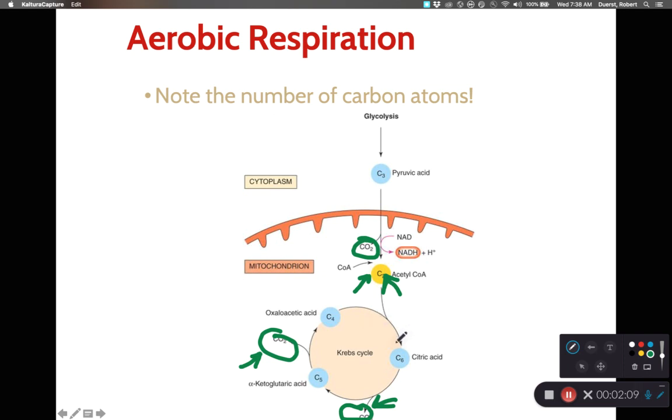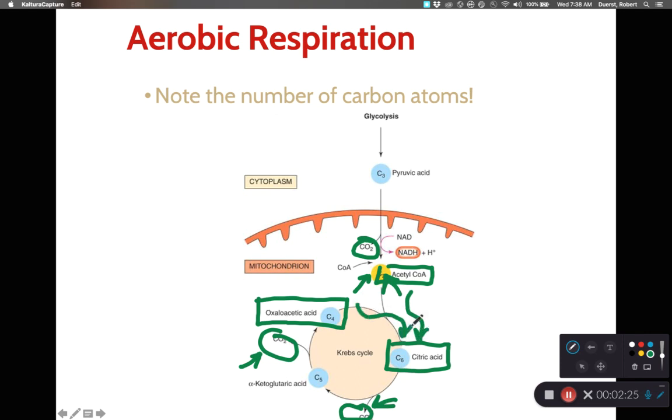It's worth emphasizing that the citric acid cycle starts with citric acid, and then we have oxaloacetic acid as the ending molecule. This oxaloacetic acid combines with the acetyl-CoA in order to make the citric acid of the citric acid cycle.